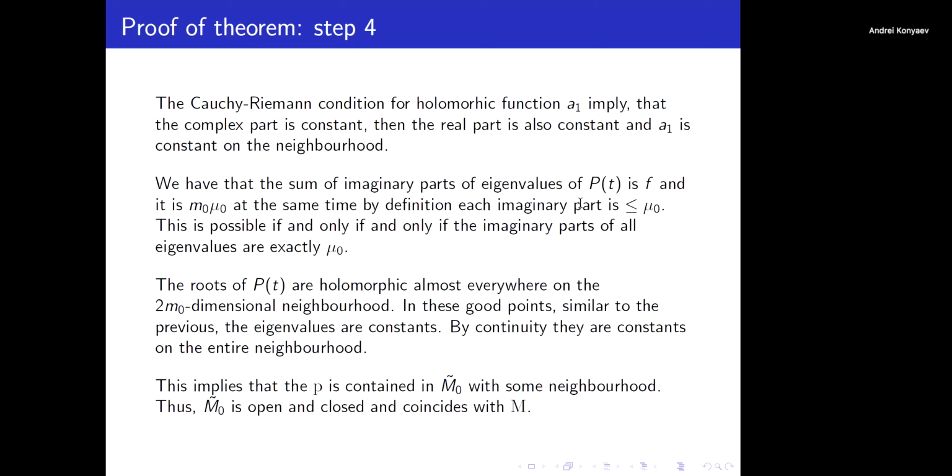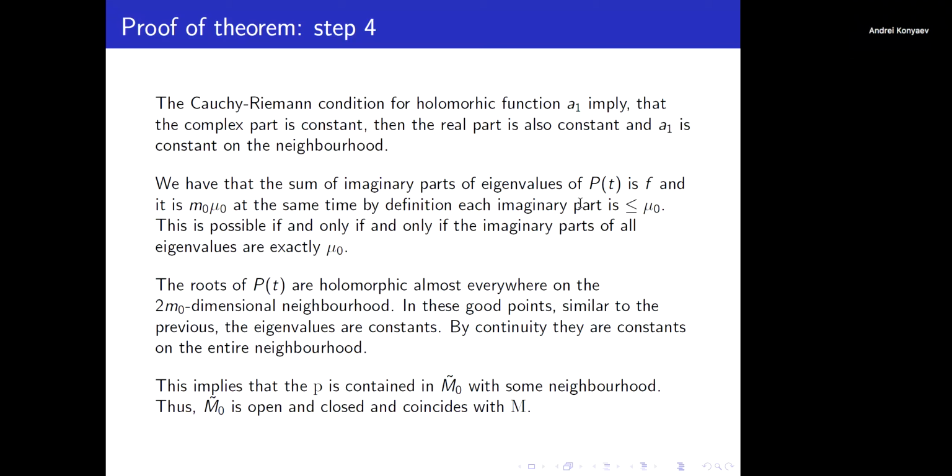Locally, if you look at the complex operator, you see that almost everywhere, as I discussed before, and it was a purely algebraic result, the eigenvalues, which are roots of the characteristic polynomial, are almost everywhere good functions, right?